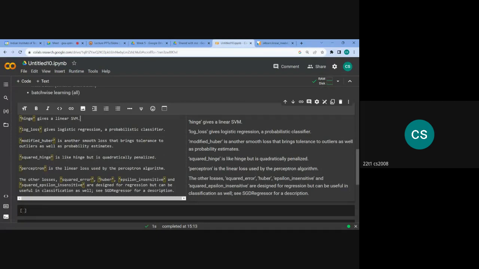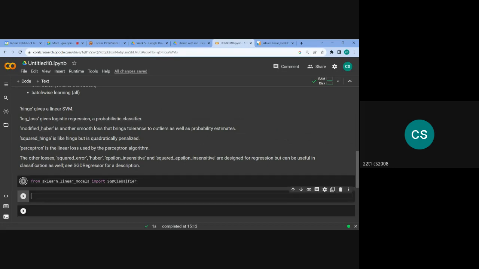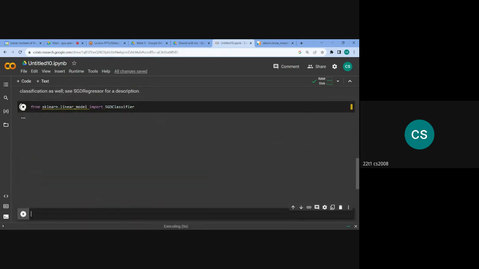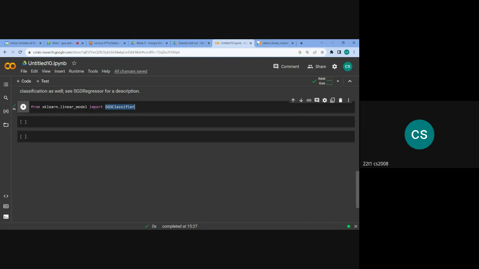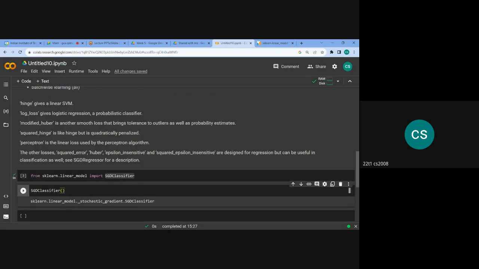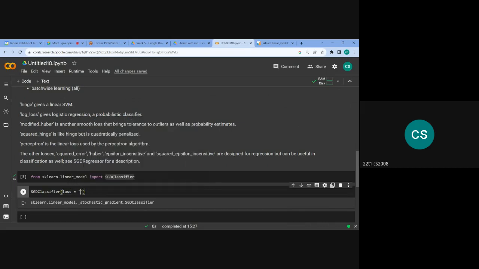So, sklearn.linear_model. We need to choose the loss we want to use.